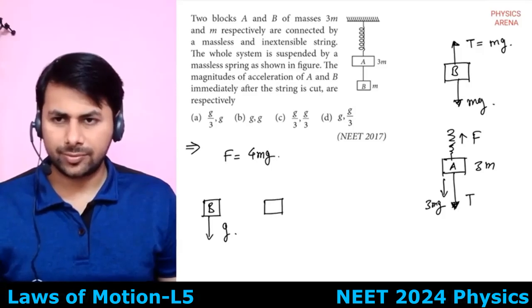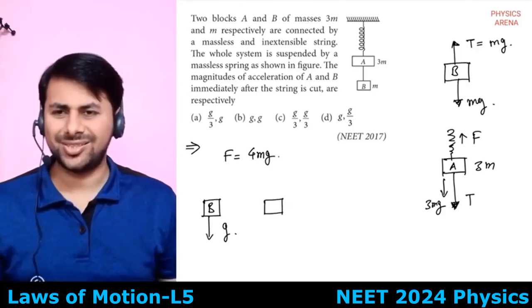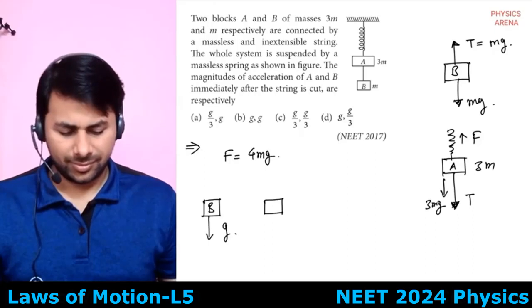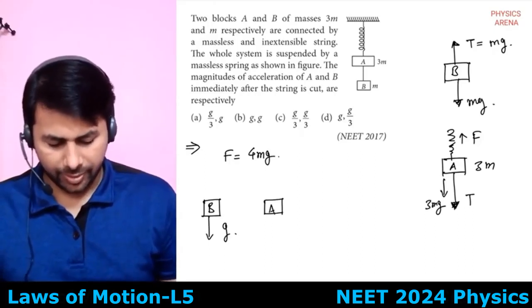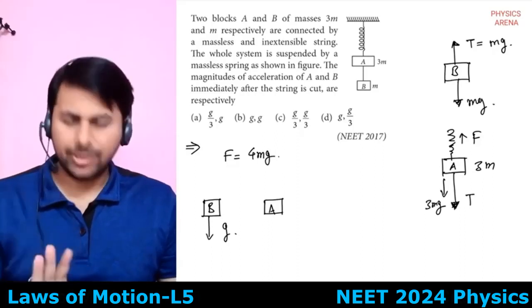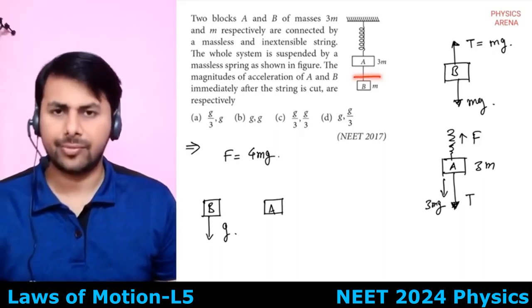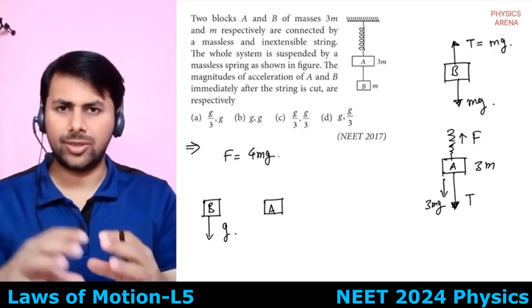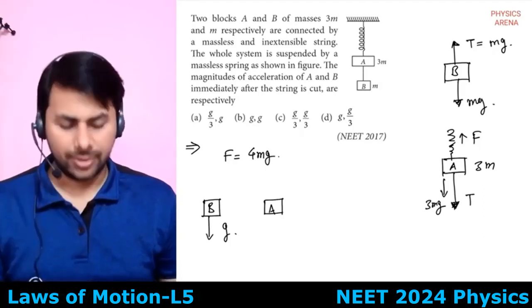So see what happens now is when you cut the string, B will fall down, because there is only one force acting on it, that is equal to mg. So it will fall down.